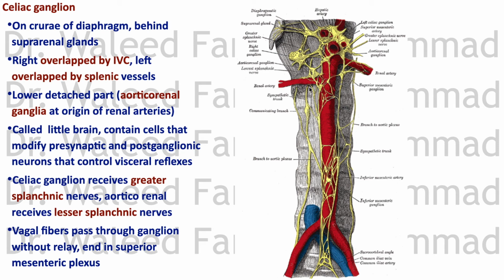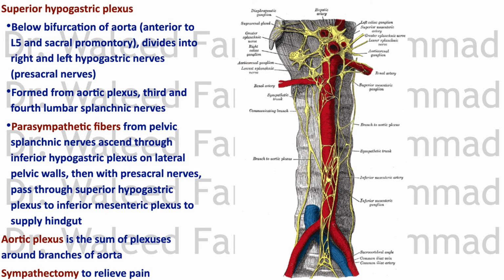Remember those? And the vagal fibers pass through the celiac ganglia without synapsing and spread over the aorta with branches of the celiac artery and with branches of the superior mesenteric artery, and this will be the end of the influence of the superior mesenteric artery.